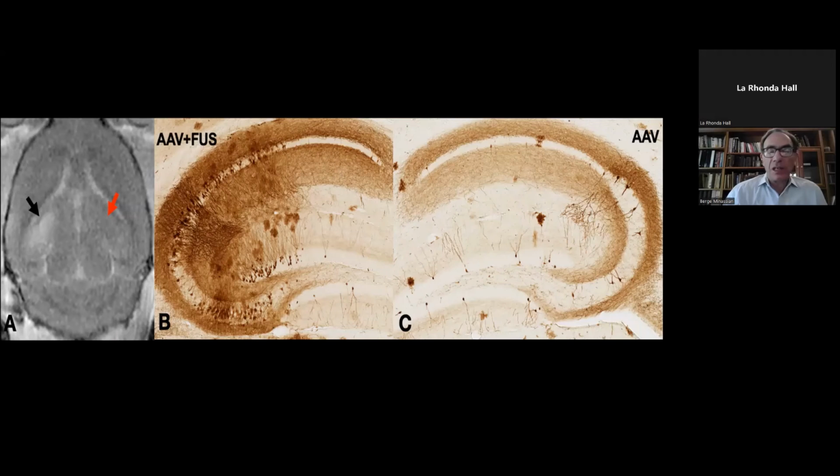And you see in the colored picture B in the middle, the large amount of brown indicating huge distribution of the virus and protein production, GFP, in the opened hippocampus, but not the unopened blood-brain barrier. So this is a simple approach that we are using to allow much wider distribution.